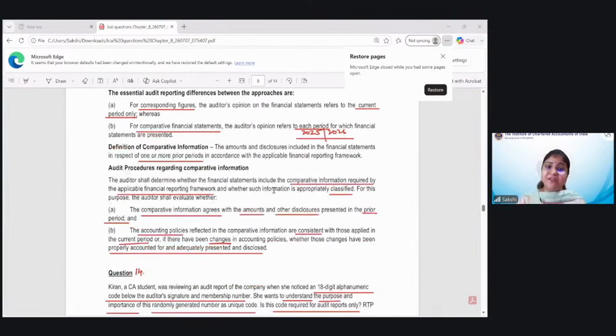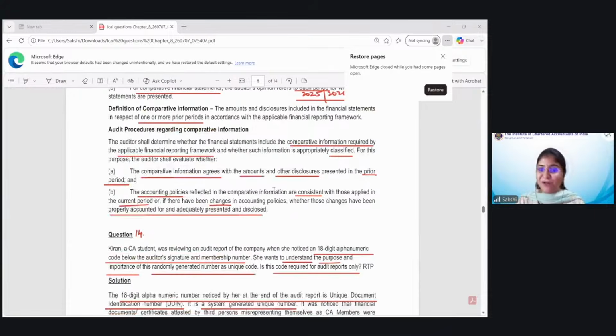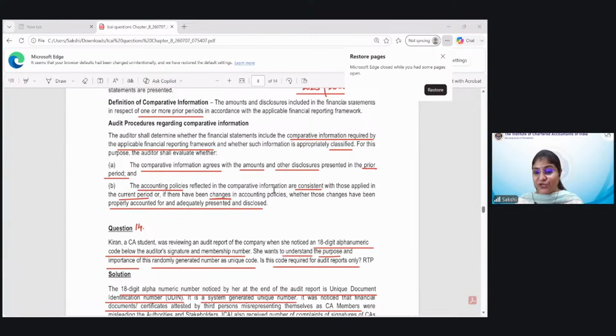Definition of comparative information: the amounts and disclosures included in the financial statements in respect of one or more prior periods in accordance with the applicable financial reporting framework. Then the audit procedures. The auditor shall evaluate that the comparative information agrees with the amounts and other disclosures presented in the prior period. Number one. What is number two?